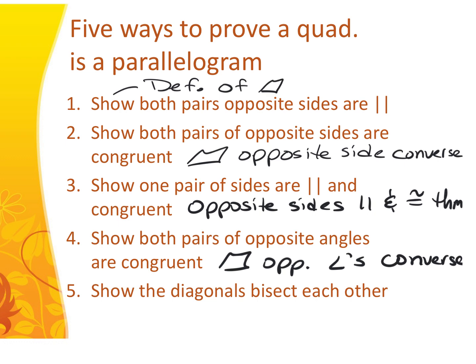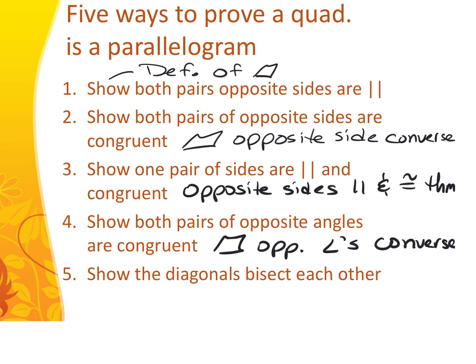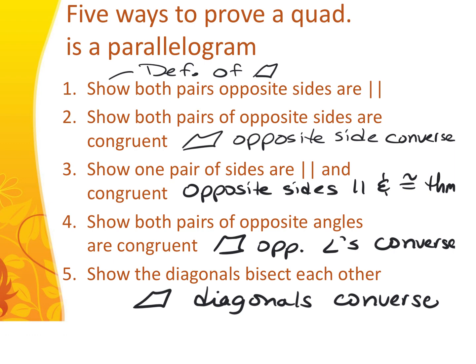And then the last one, show that the diagonals bisect each other, and that's the parallelogram, diagonals converse. So number 1 was what we learned yesterday, the definition. 2 through 5 here are what we talked about today. The 3 new converses and then the new theorem.